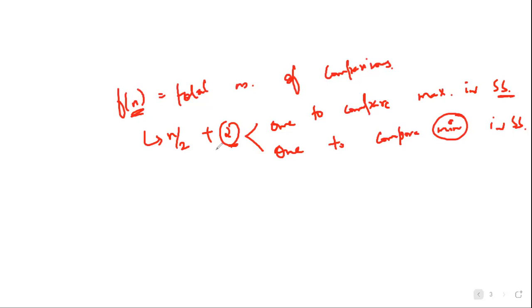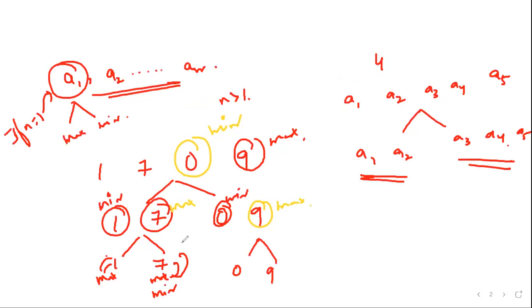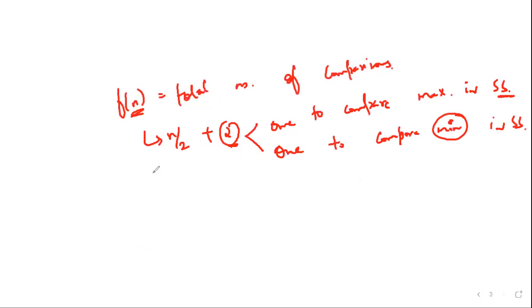So when we are dividing this, we are again comparing maximum and minimum over here. So these are the two extra operations that we require.